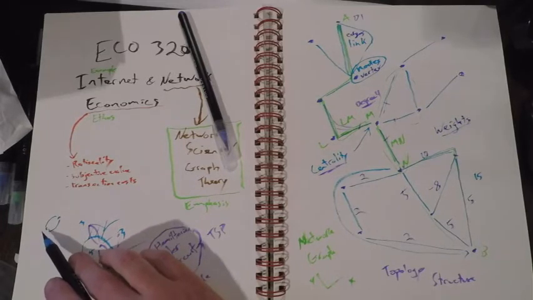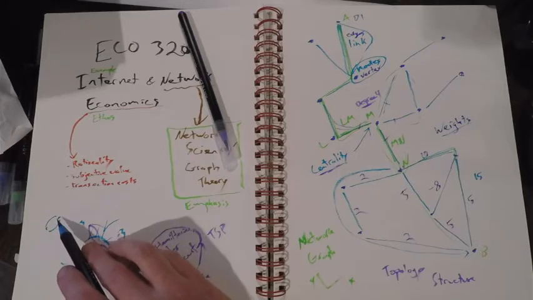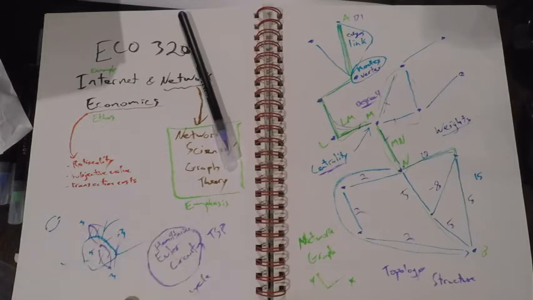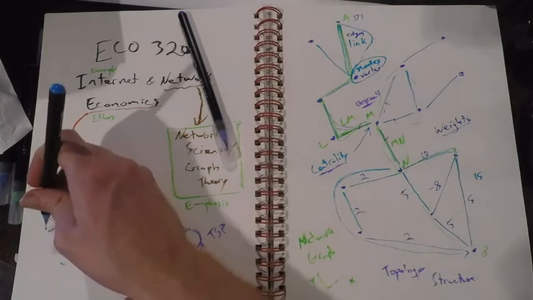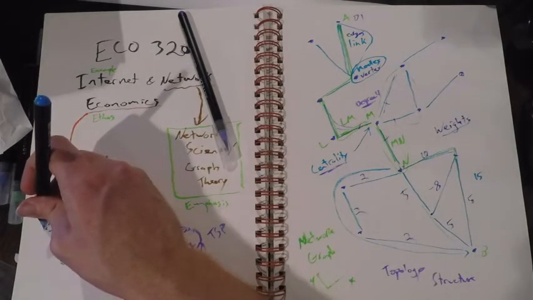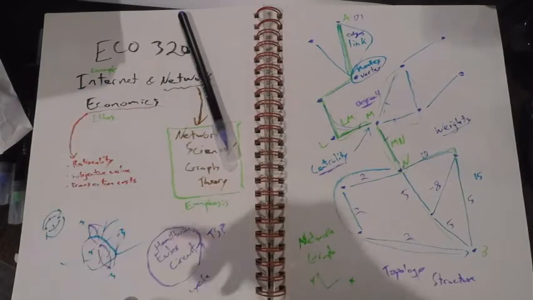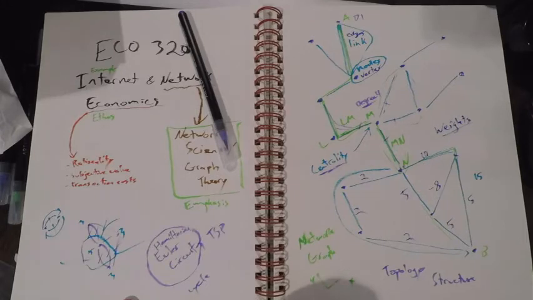We could think of, okay, well, they interact in, say, the break room at work, but they also interact at the entrance to the building, right? So we can have multiple edges connecting different nodes. But in this case, if we wanted to go through this network, we can go this way and then this way. And in that case, we've gotten through each of the edges.